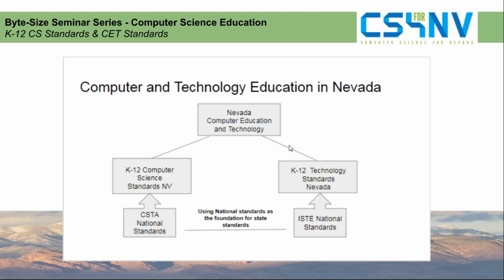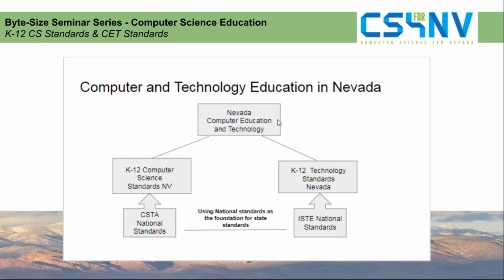So what we have is our computer and technology education. You'll see that in the bill where it says we've added computer science to computer technology education. So what that means is we consider it like an umbrella.